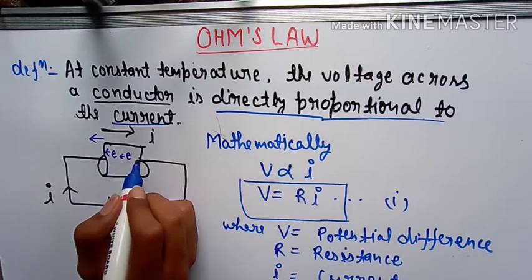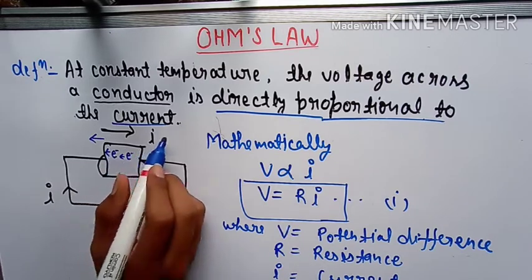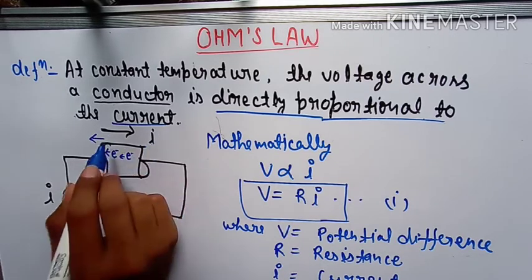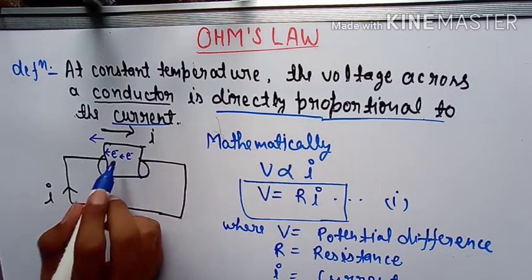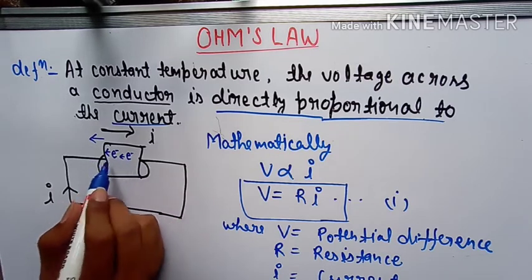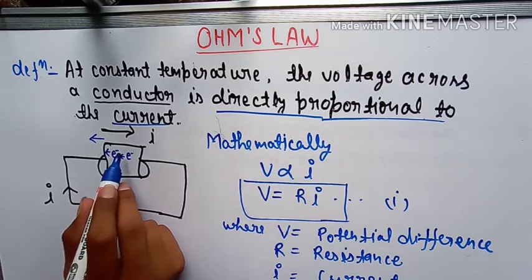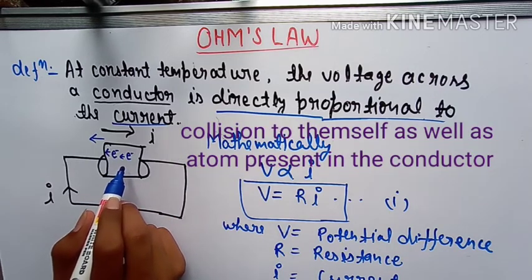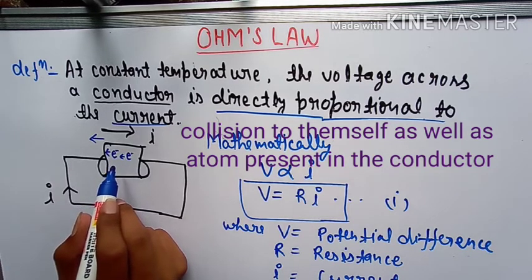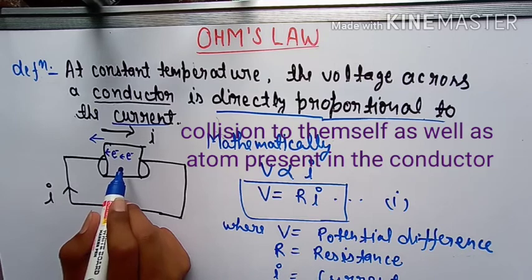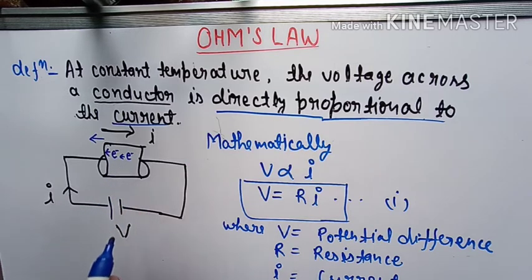So there will be conventional current formed in this direction as shown in the figure. So these electrons will collide with themselves as well as the atoms present inside this conductor. So there will be an opposition that causes the resistance. Understand?